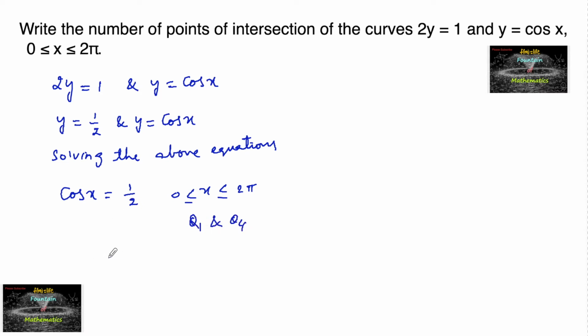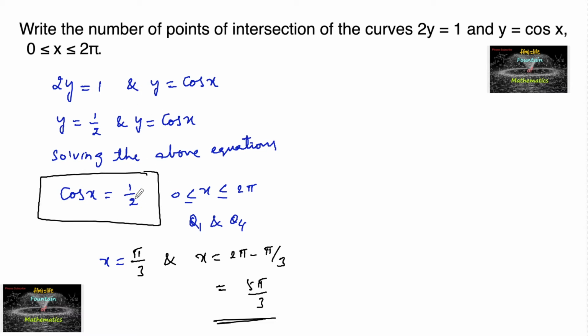Cos x is equal to 1 by 2, so we can take x is equal to pi by 3, since cos 60 degrees is 1 by 2, and in the fourth quadrant, x is equal to 2 pi minus pi by 3, which is 5 pi upon 3. So these are the two values, x is equal to pi by 3 and x is equal to 5 pi by 3 in the interval 0 to 2 pi, where cos x is equal to half. Or from the graph you can also verify it.